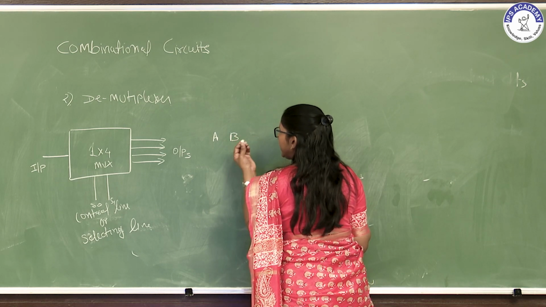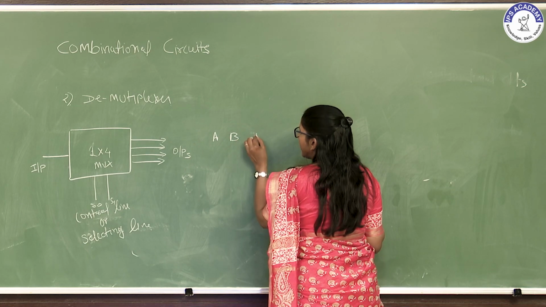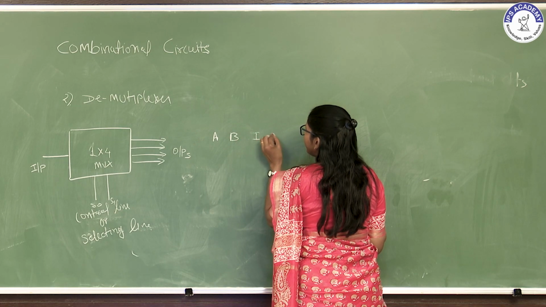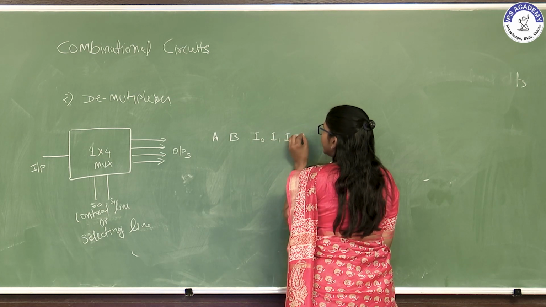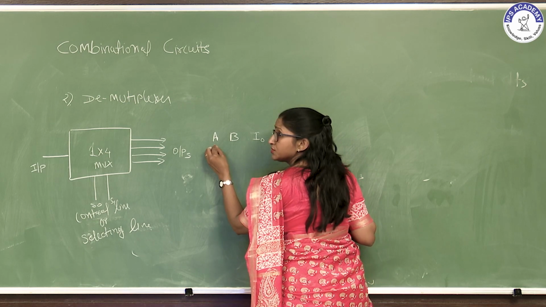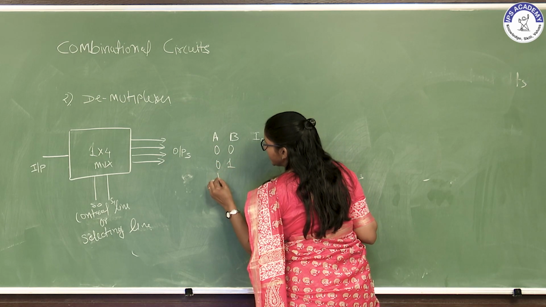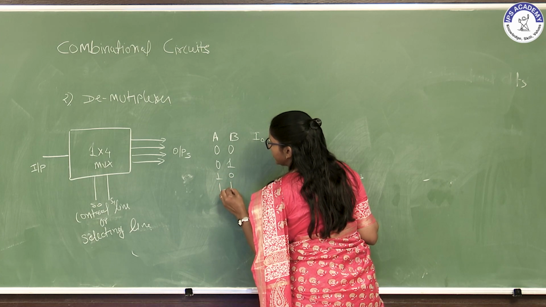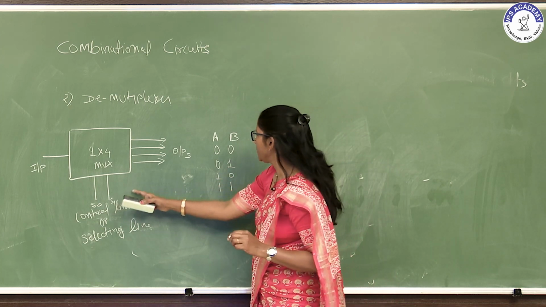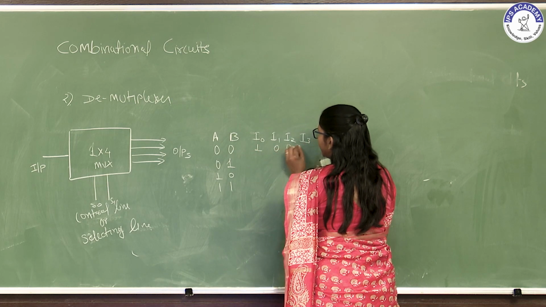here I am writing the values I0, I1, I2 and I3. So when it is 0 0, 0 1, 1 0 and 1 1. When the combination is 0 0, I0 will be high and the remaining we get 0.